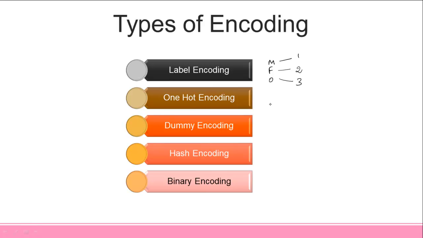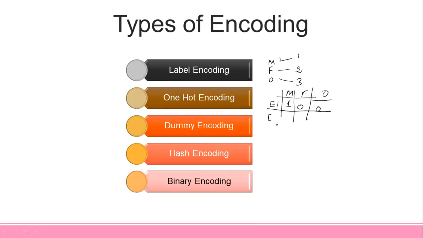What we do here is create as many columns as the number of values of a particular feature. Let's say if this feature has 3 values, 3 different columns will get created: male, female and other. If the first person is male, it will have an entry like 1 and the others will be 0.